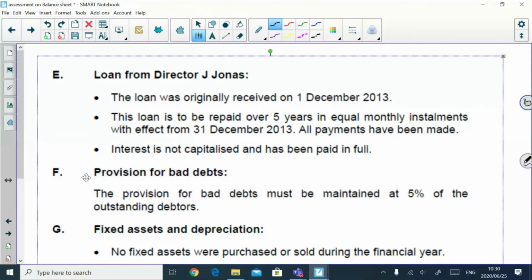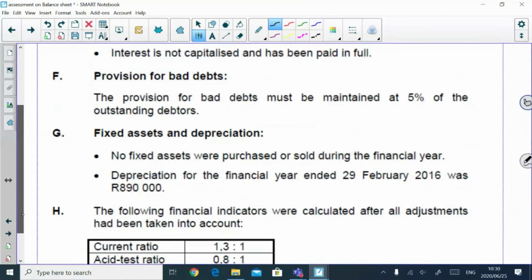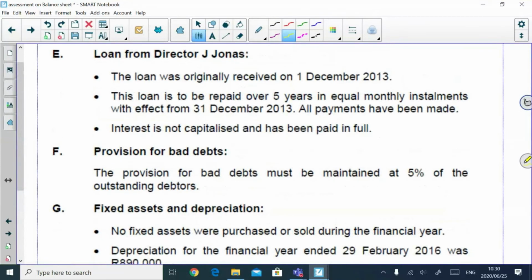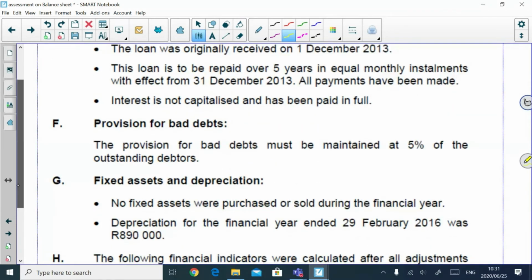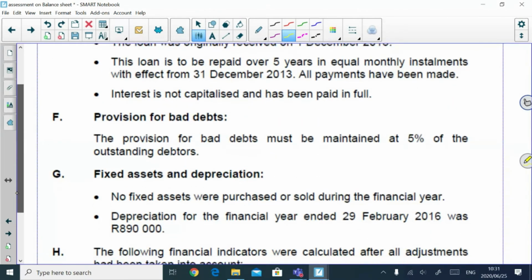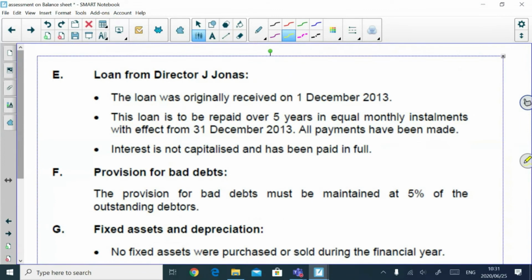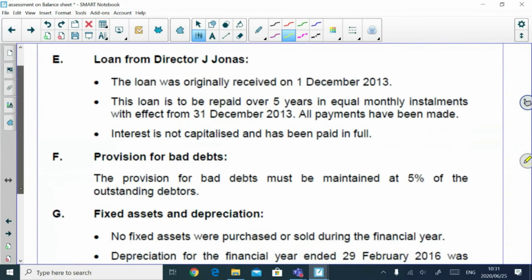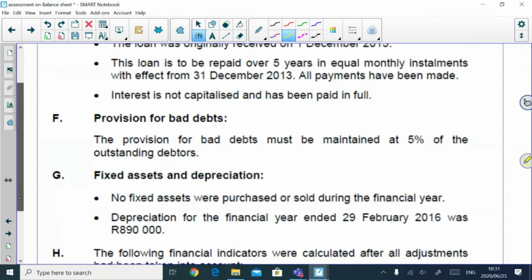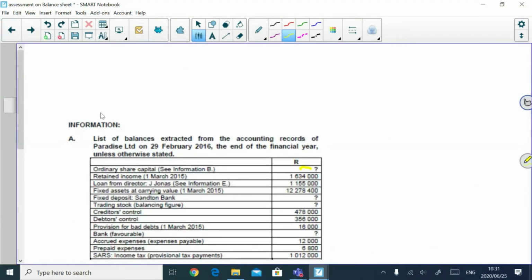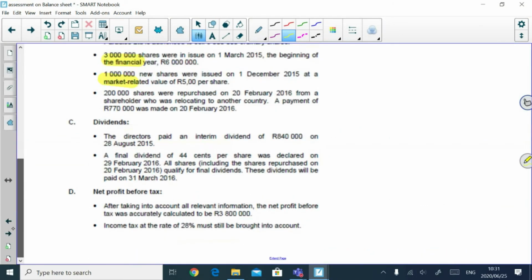Here's a figure that I saw. I know it's there. Provision for bad debt, fixed deposit is 90, and then the loan. I think on the previous slide. There. Yes, that's where it is. Got it.